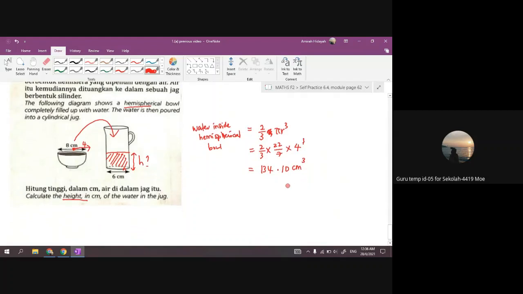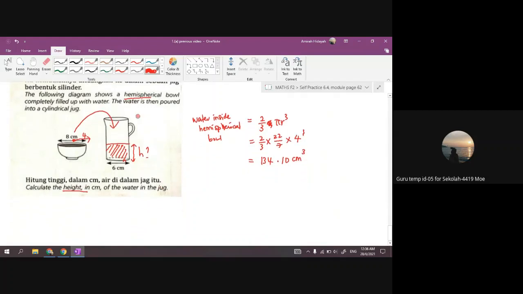What about the volume of this whole cylinder? Okay, so kita cari pula volume untuk the whole cylinder. Okay, so volume of cylindrical jug. So cylindrical jug ni bentuk cylinder. So formula untuk cylinder adalah pi r square h.